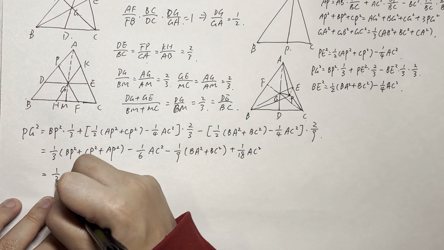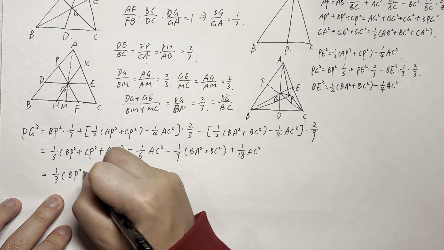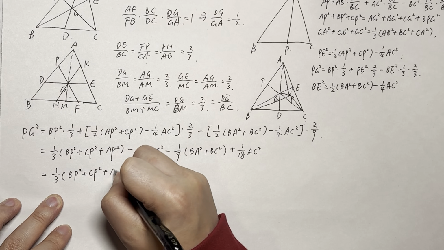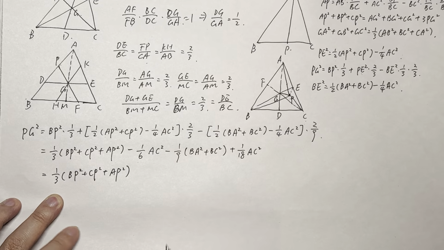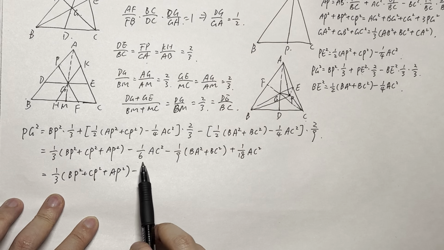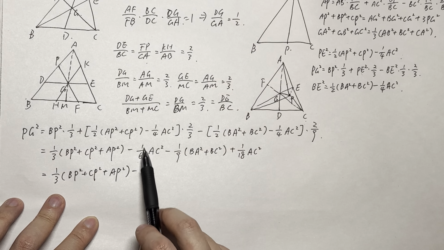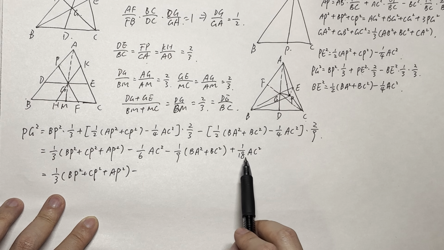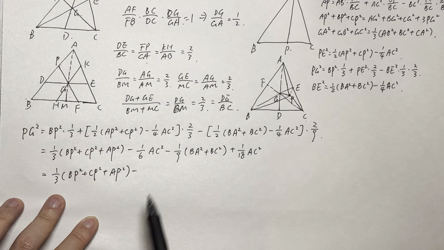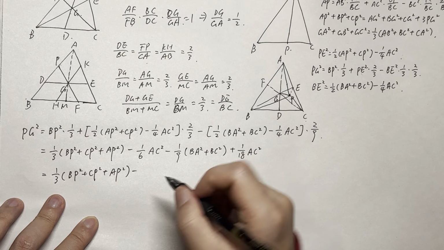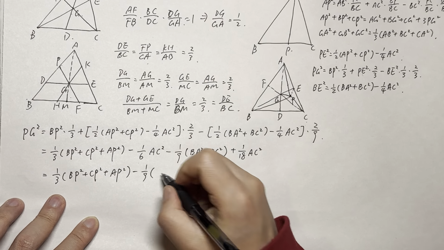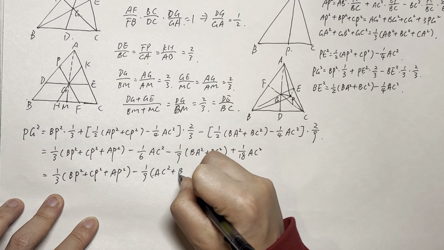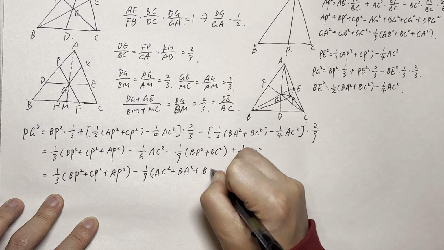Equals 1/3 BP squared plus CP squared plus AP squared minus, 1/6 is 3/18 plus 1/18, that's minus 2/18, which is minus 1/9. So minus 1/9 AC squared plus BA squared plus BC squared, right?